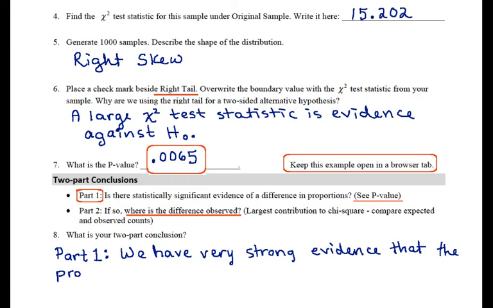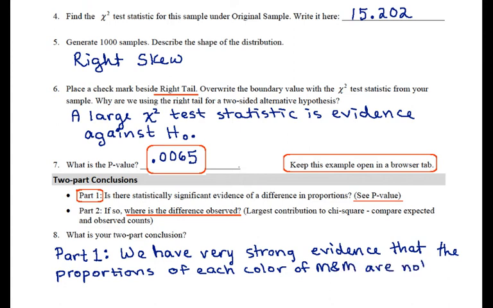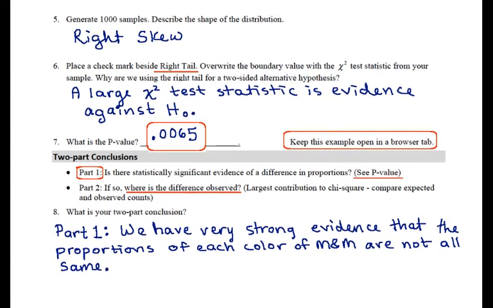Or we could say that the proportions of each color of M&M are not all the same. We're not saying they're all different, remember. We really just mean that at least one pair is different from one another.